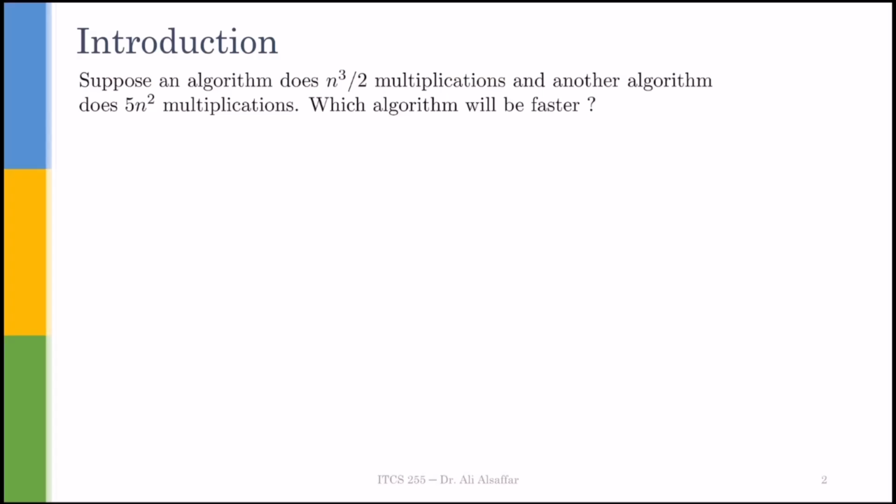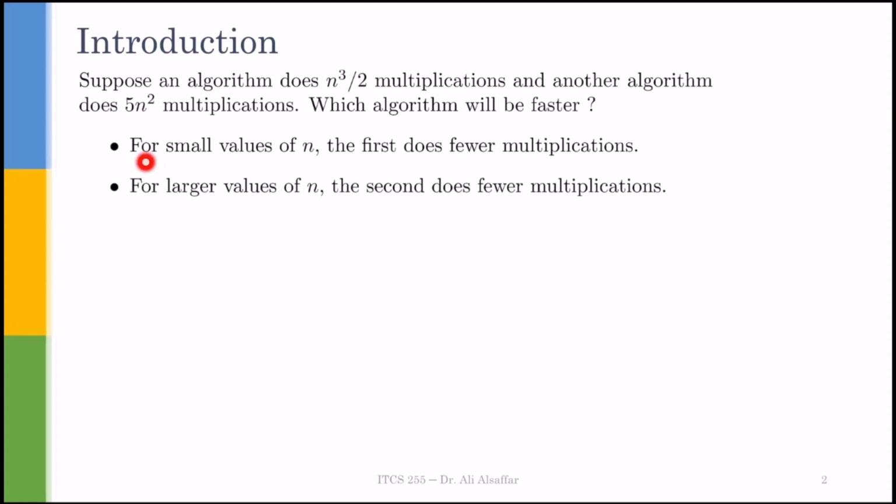So the conclusion is, for small values of n, which is less than 10, the first does fewer multiplications, which is this one. And for larger values of n, which is after 10, the second does fewer multiplications, which is the second one. In this case, which one to pick as the correct answer?